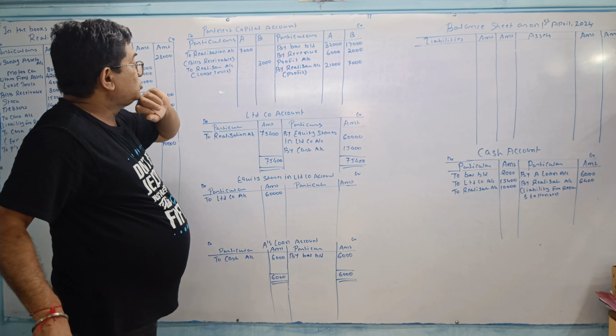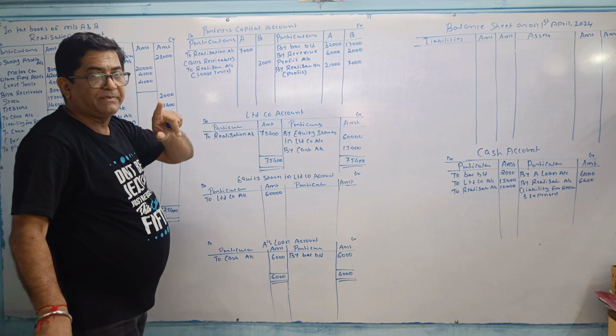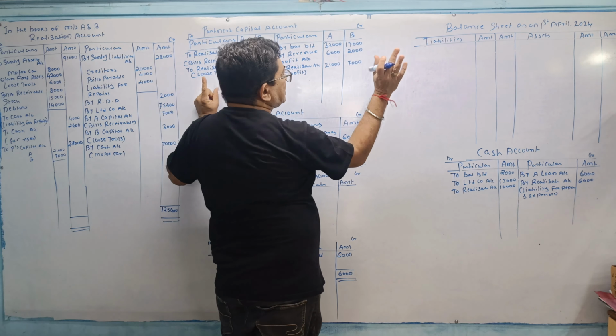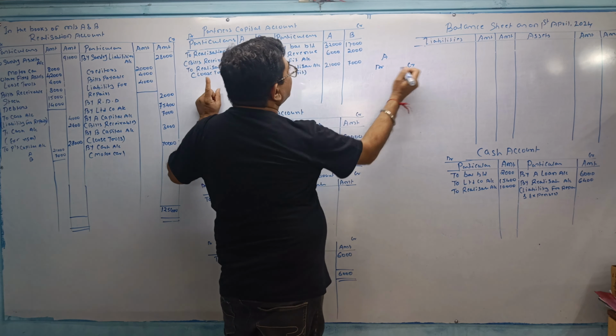Now, जो shares है, shares will be distributed to partners in their closing capital ratio. तो closing capital ratio में A का है debit and credit.